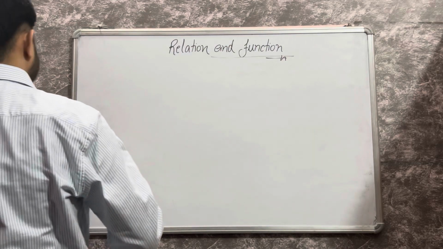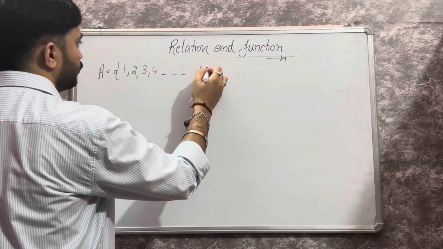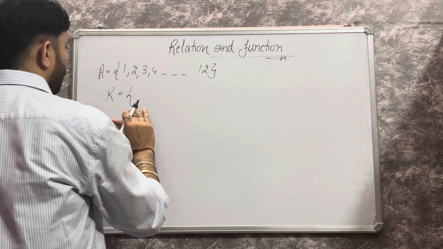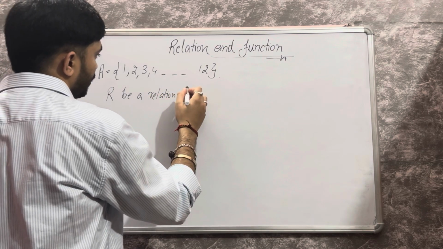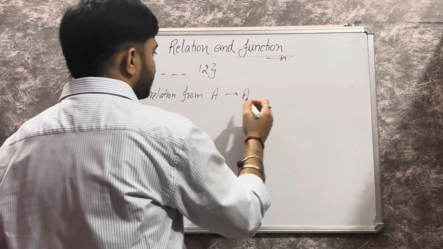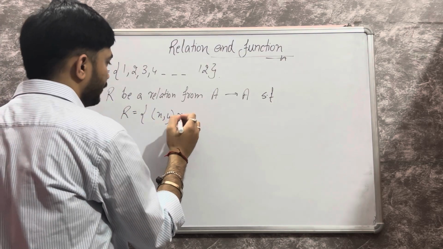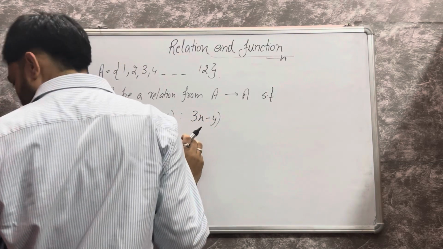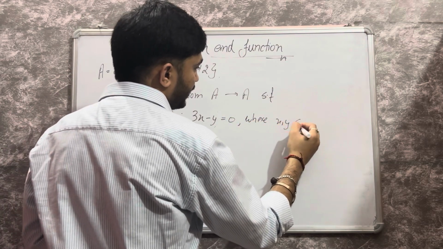The question is: let A = {1, 2, 3, 4, and so on up to 12}, and R be a relation from A to A, such that R is defined as R = {(x, y) where 3x - y = 0, where x, y belongs to A}.